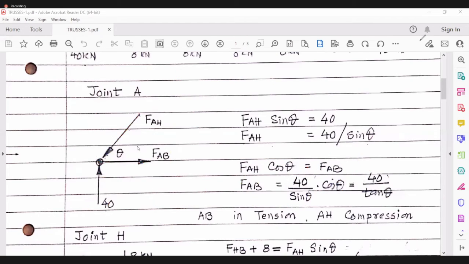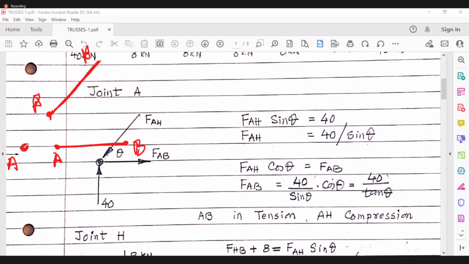Now AH and AB, are they in tension or compression? It is very easy to decide. Look here, I am showing a joint A. Here it is connected by element AH, and here it is a connection of element AB. Actually all these A are at the same point.